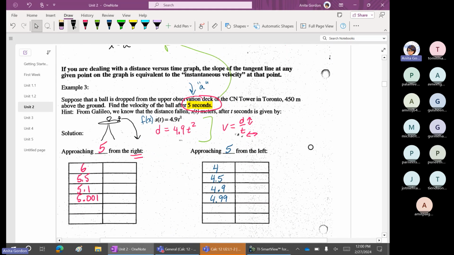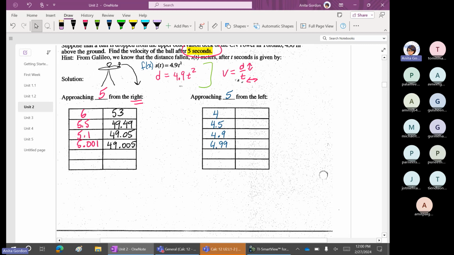So we're essentially getting closer and closer to 49, right?